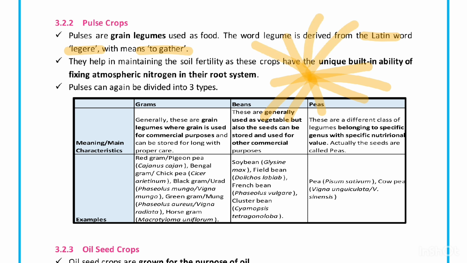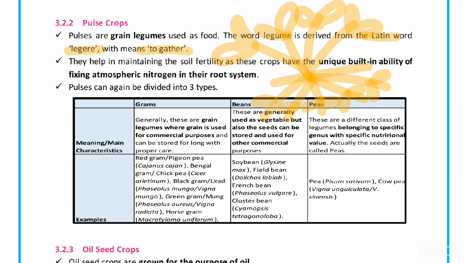Now these pulse crops have nodules in their root system. Basically, these pulse crops have nodule structures in their roots. These nodules have rhizobium bacteria in them. Rhizobium is a bacteria which resides inside these nodules.